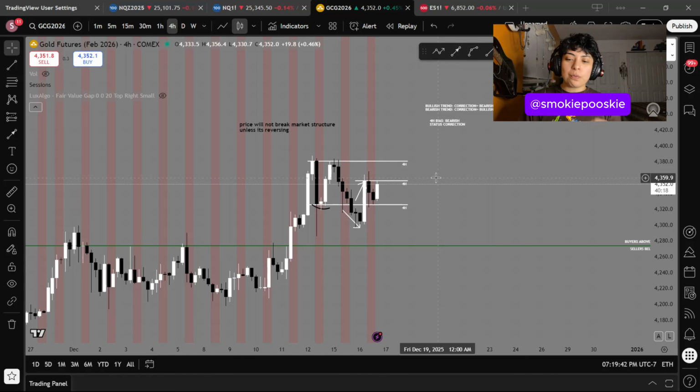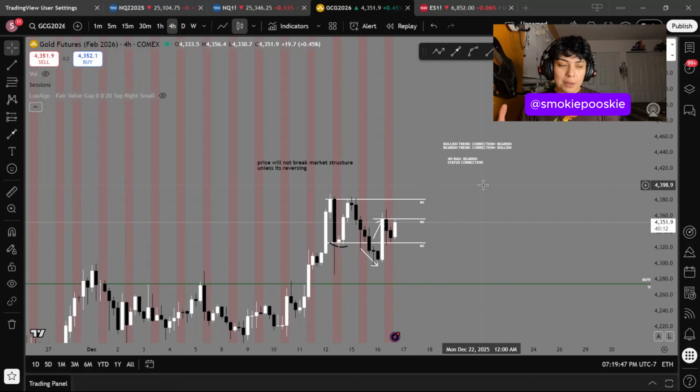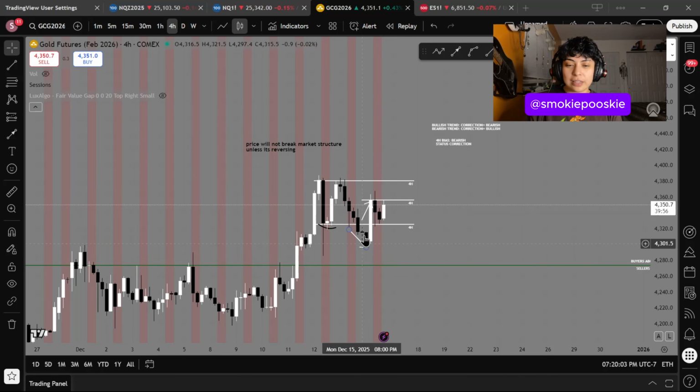The reason why you want to know why your daily is bullish but your 4 hour is bearish is because that just means that the daily is correcting, and once the 4 hour turns bullish, once it starts making bullish market structure like this, so this is creating a higher high, a higher low. This is a lower high, because this is lower than this, but it created a higher low because this low is higher than this. So this is kind of indecisive behavior.